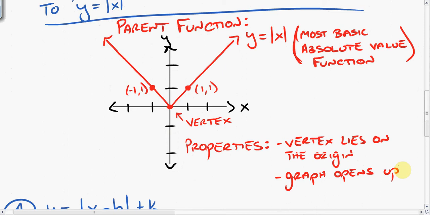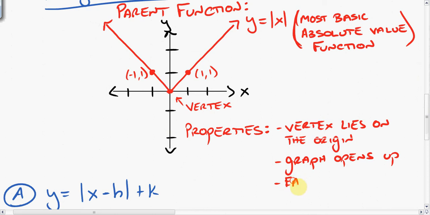And then lastly, this V is formed by two rays, which are straight lines. They do go straight. They have a quote-unquote slope, so they have a slope of 1. You're always going to go up 1, over 1, up 1, over 1, in each direction. So it's going to have a slope of 1.